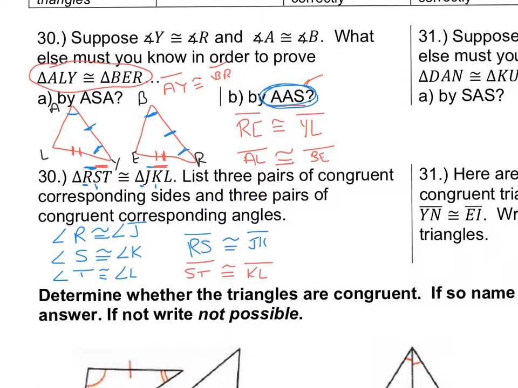It also would help if you would, like in number 30 up above, draw the triangle picture, then you can sort of mark them off as you go. For the last correspondence, it always works out that it's the first and third letters in each pair. So RT is congruent to JL. And as I'm doing this, I'm always looking back at the triangle congruence statement to figure out what matches with what. Three sides, three angles.